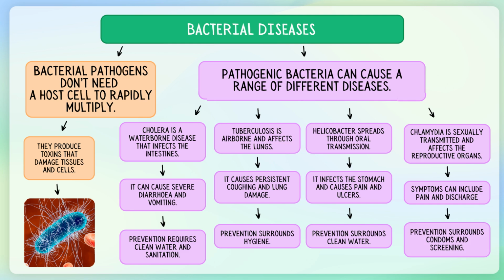Throughout the lesson, we emphasized the symptoms, transmission routes, and treatment options for these bacterial diseases. We also highlighted the importance of hygiene to prevent and control these infections. By understanding these bacterial pathogens, you now have a clearer picture of how bacterial diseases operate and impact human health, which is a vital component in the broader study of infection and response.